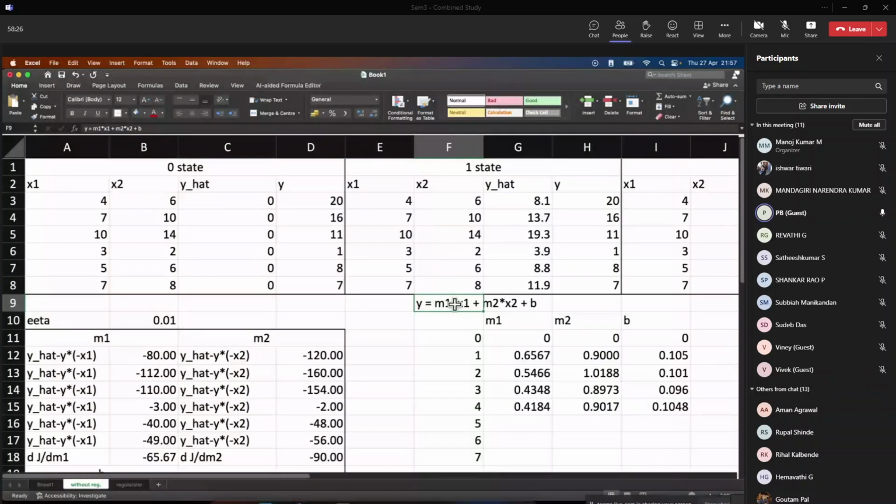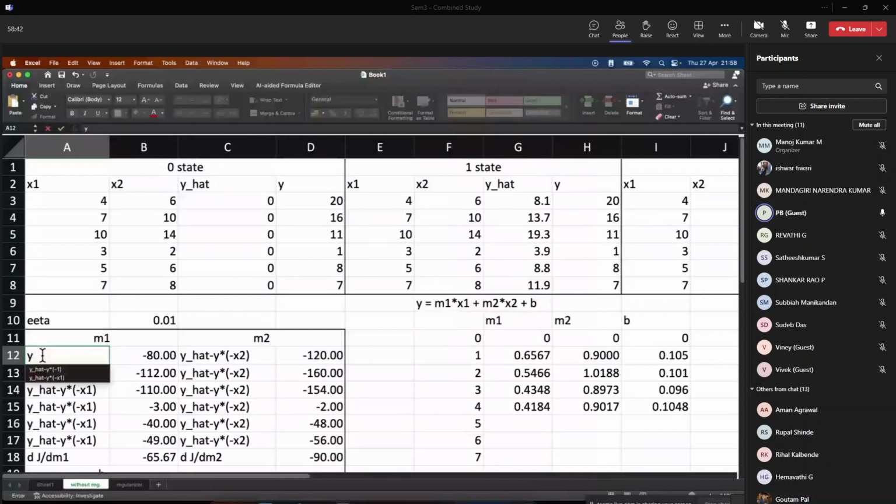With respect to m1, if I now differentiate, I will get x1. Okay, and since this order is not correct, I will do it like this: y minus y hat into minus of x. This order is correct.